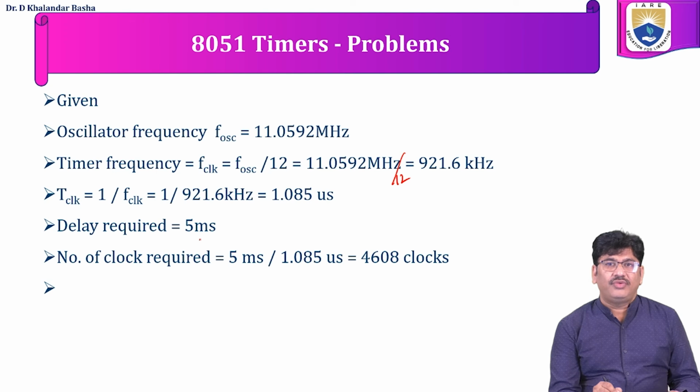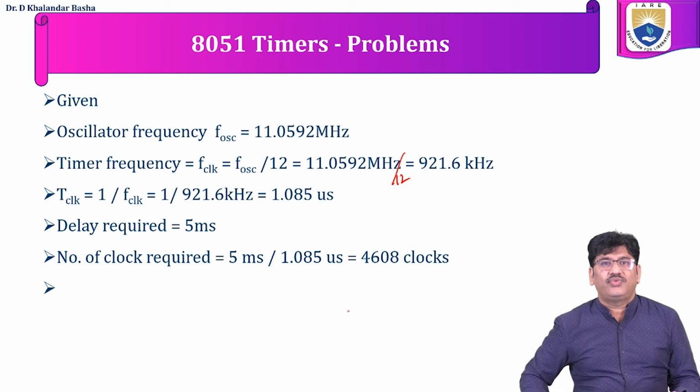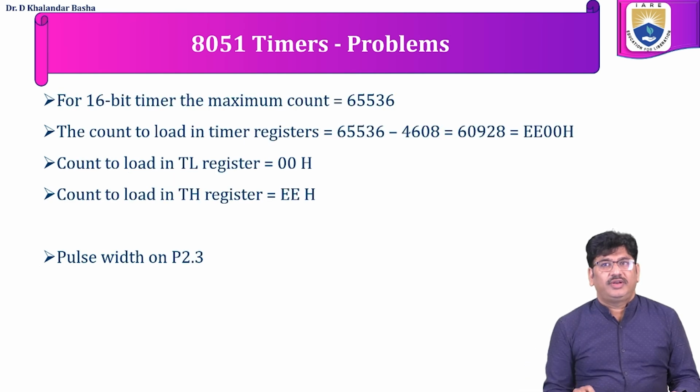So now we want to find how many counts are required. The number of clock pulses required is 5 milliseconds divided by 1.085 microseconds, which will give 4,608 clock pulses. These many clock pulses are required for generation of a square wave.